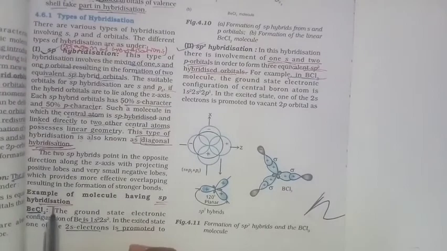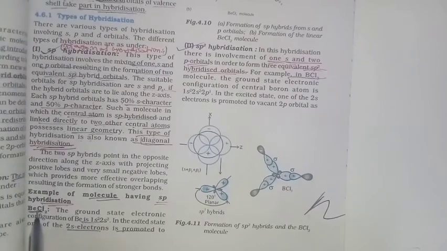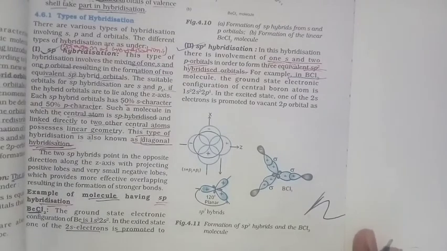Here the example of a molecule having sp hybridization is BeCl2, which we have already discussed.